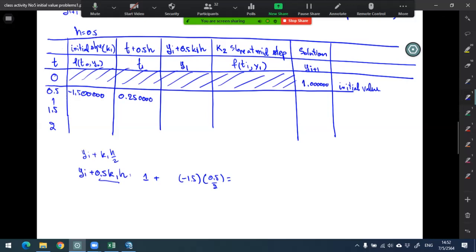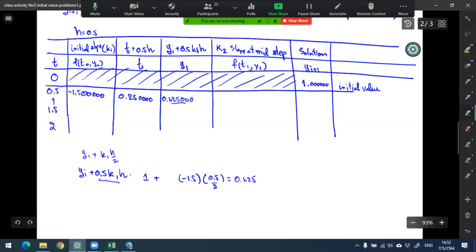After that, 1 minus 1.5 times 0.5 over 2. So we obtain the solution of 0.625, 0.625 over here. After that, we have the solution at mid-step already.